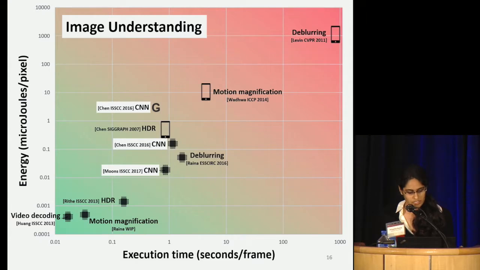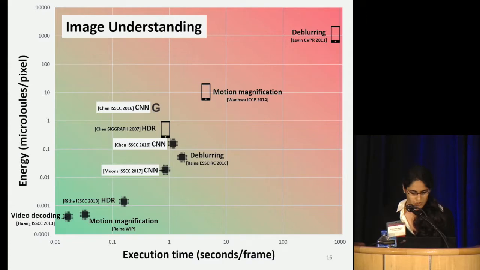But there's also another kind of algorithms which do more of image understanding. All of your image recognition, object recognition, neural network type algorithms lie in this class. And there's also work on designing hardware accelerators for these so that you can do these algorithms in real time and with low energy.